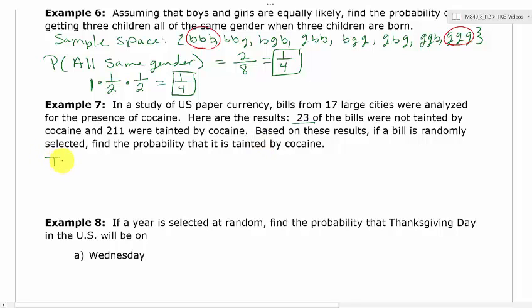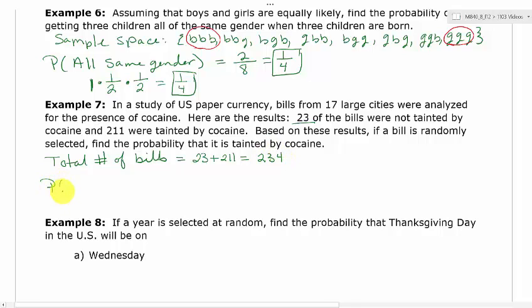First, we need to calculate the total number of bills. So there were 23 bills that were not tainted, plus there were 211 that were. So the total number of bills was 234.